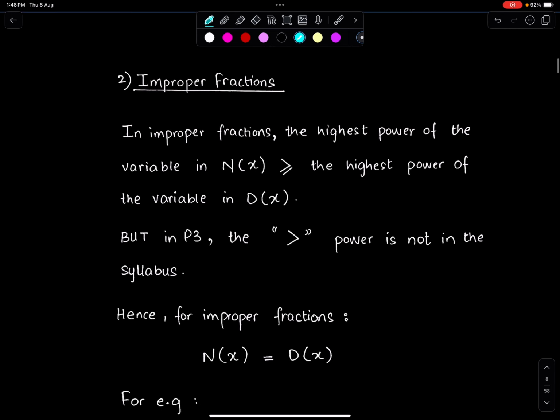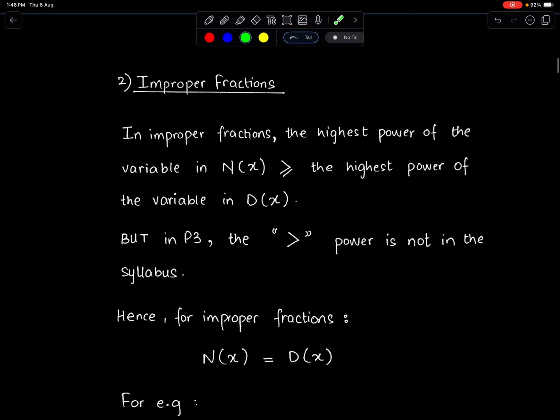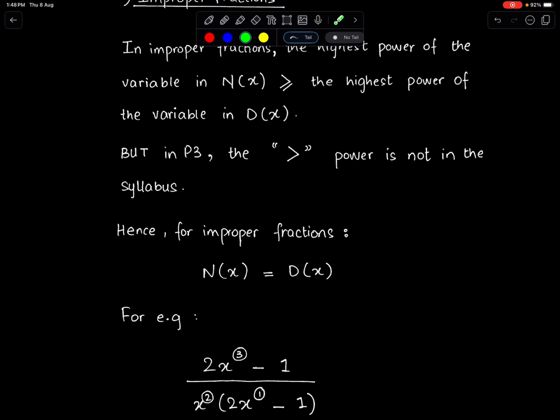Improper fractions. Well, in improper fractions, the highest power of the variable in the numerator is either greater than or equal to the highest power of the variable in the denominator. But in P3, the greater power is not in this syllabus. Hence, for improper fractions, only equal power is in this syllabus.